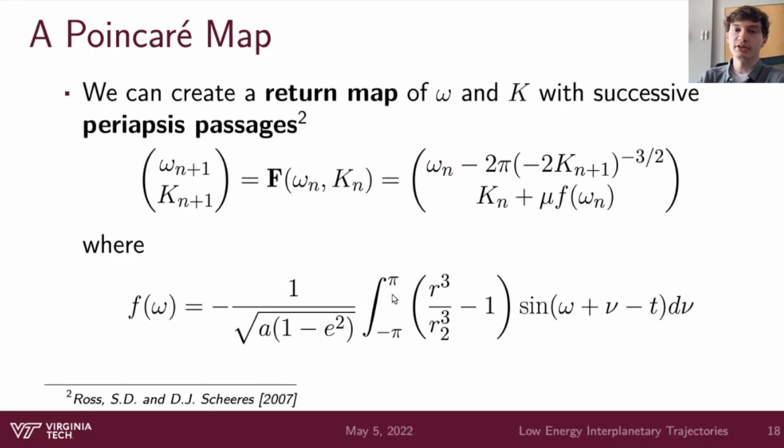The orbital elements that we're considering are the argument of periapse in the rotating frame, which is omega, and the energy k. And the actual bit that's affecting the gravitational assist, the energy kicks, is encapsulated in this function that we call f, and it takes the following form.